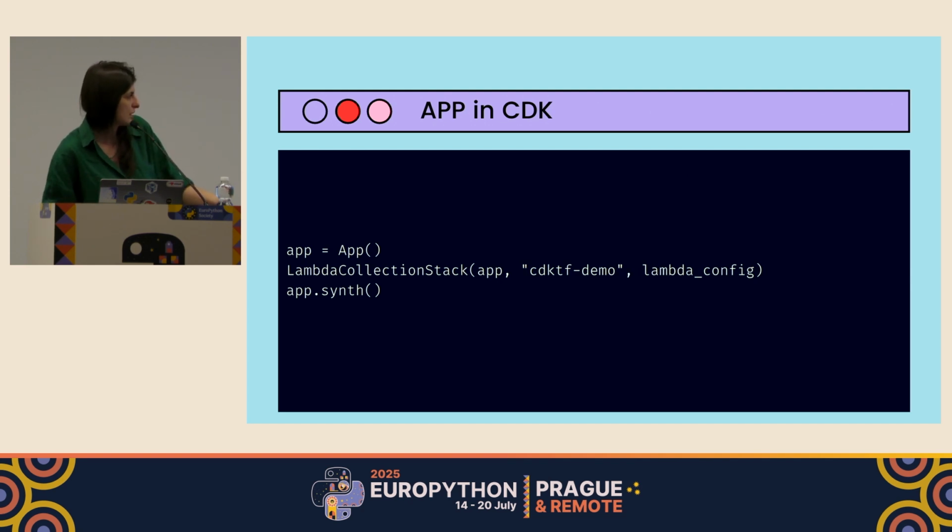It means that it's the stack that we created. And after that, you specify the ID and configuration. Also, you pass the app. It's like the parent of your root, so we can still define this tree. It will parse everything to JSON, and that JSON will be picked up.